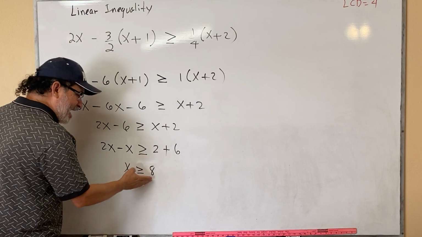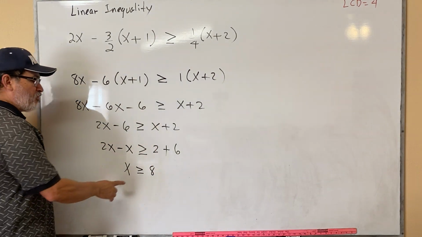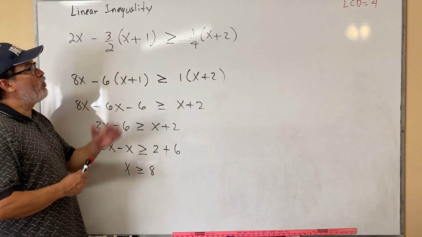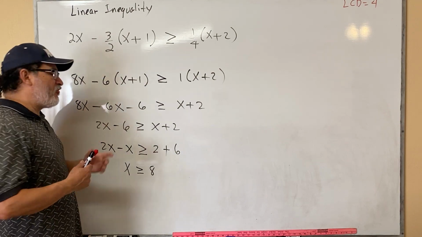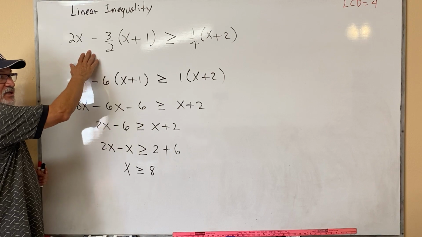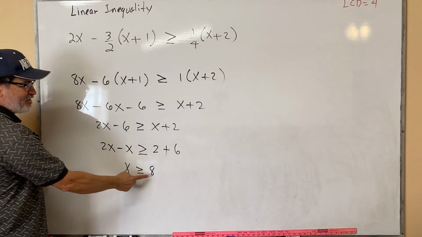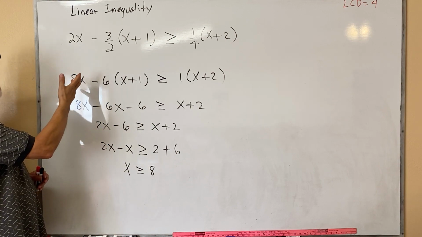If you plug in 9, it's going to be true. If you plug in 8.5, anything that's greater than or equal to 8 will make this true. If you plug in a 7, it's going to make this false. If you plug in a 0, because 0 is less than 8, it's going to make that false.